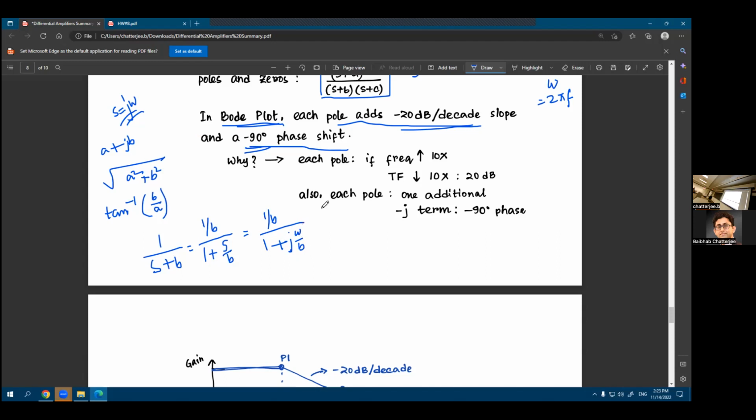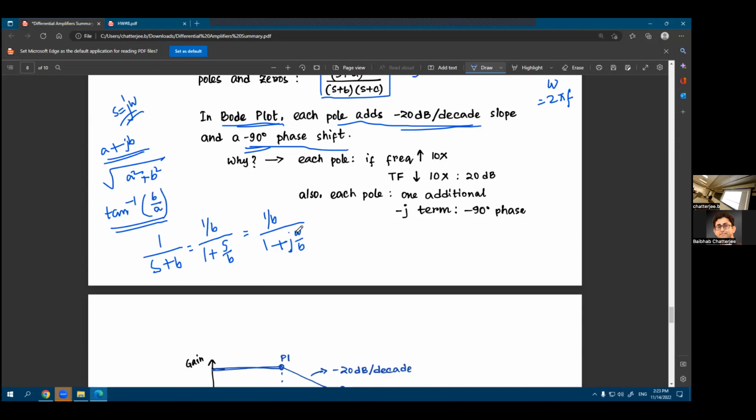Now you know that at omega equal to b, or omega equal to minus b, you'll have a pole. What would be the phase of this complex number? You know that a plus jb, if this is your complex number, your phase is tan inverse b over a. In this case, the phase would be again tan inverse of the imaginary quantity over the real quantity.